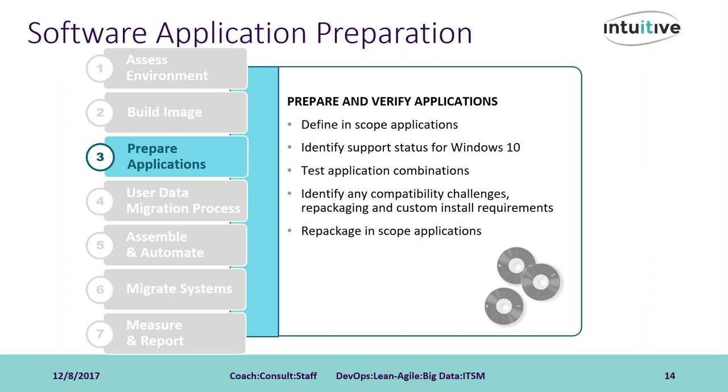So once you have your definitive list of software needed in your environment, you'll need to ensure that the versions you own are supported by Windows 10. Depending on the results of those findings, you may need to upgrade some existing software application versions prior to your migration or as part of it.